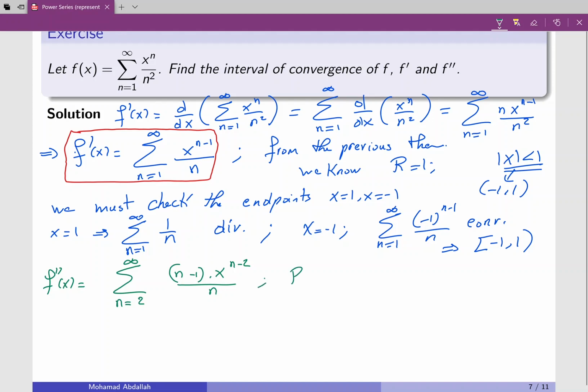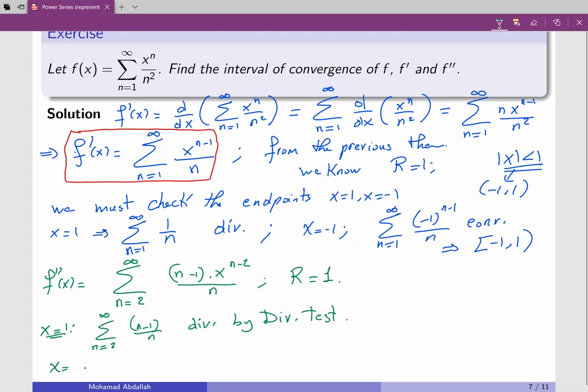I know that the radius of convergence is going to be 1 according to that theorem as well. Now, I still need to check the endpoints. When x equals 1, I get the series sum from n equals 2 to infinity of (n minus 1) over n, since 1 to the power n minus 2 is 1. This is clearly divergent by the divergence test.